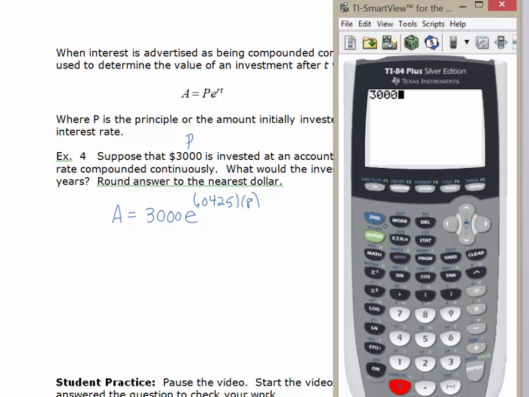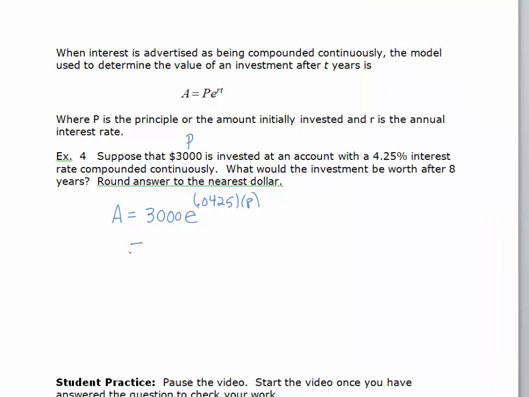So I'm going to use second and then ln, and that will automatically raise the exponent for me. And then I'm going to open parentheses. Even though my calculator doesn't need them, on most calculators you do. So we're going to type 0.0425 times 8 and close those parentheses, and then hit enter. So our value would be worth $4,215 after 8 years.